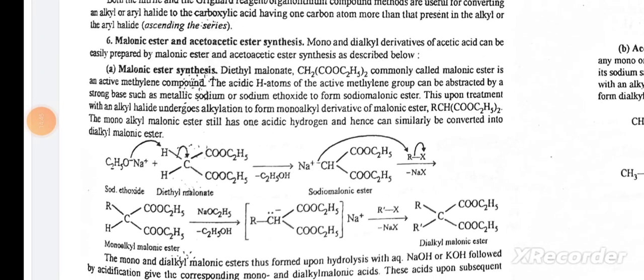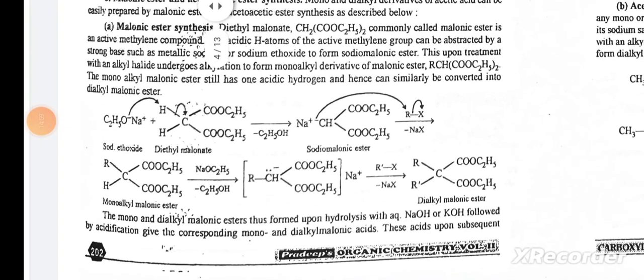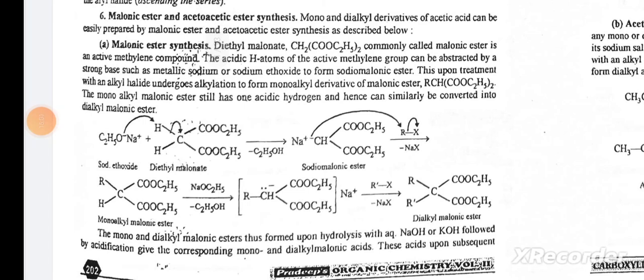Malonic ester and acetoacetic ester syntheses. Mono and dialkyl derivatives of acetic acid can be easily prepared by malonic ester and acetoacetic ester syntheses as described below. Malonic ester synthesis. Diethyl malonate, commonly called malonic ester, is an active methylene compound.